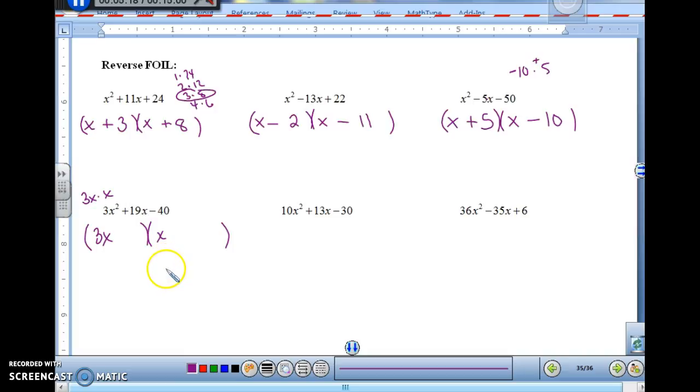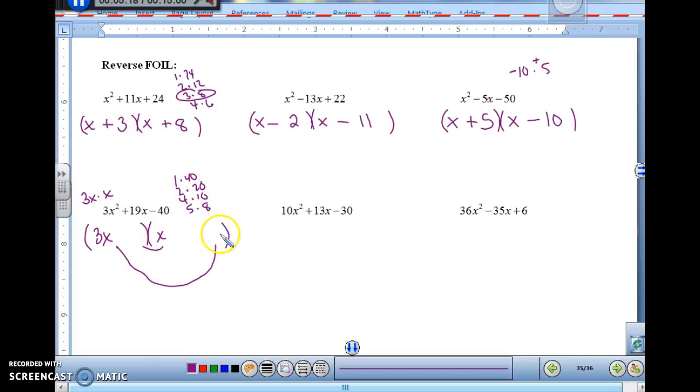All right, but I'm not going to put it in yet until I know where my numbers are going to go. All right, my options for 40, I have 1 times 40, 2 times 20, 4 times 10, and 5 times 8. That gives me 40. Now remember, whatever one goes here on the end term is going to be multiplied by 3x when we do this. So 3x times something plus this will give me positive 19.